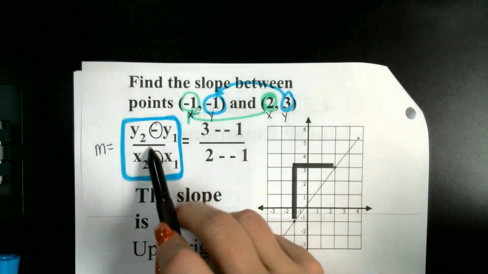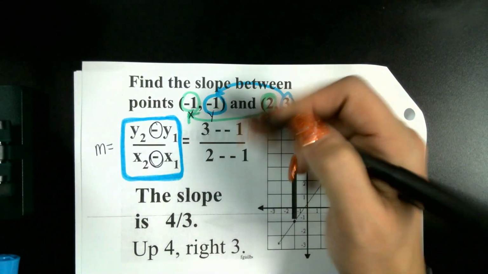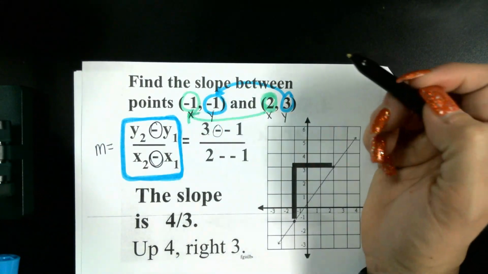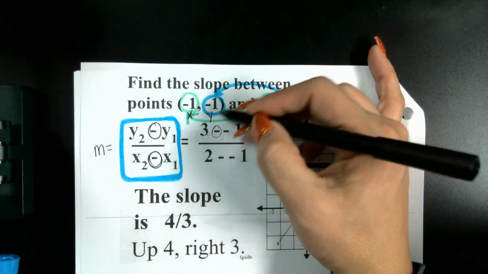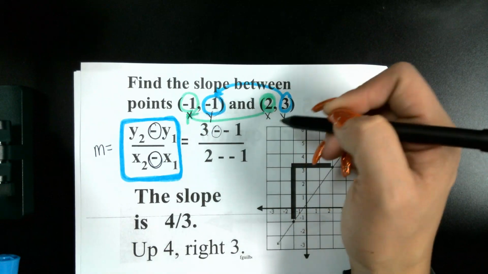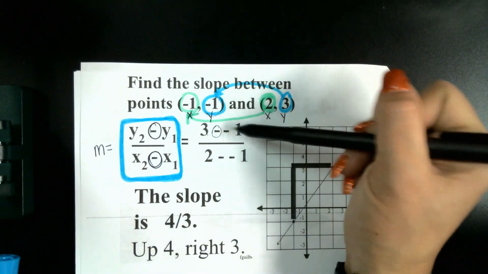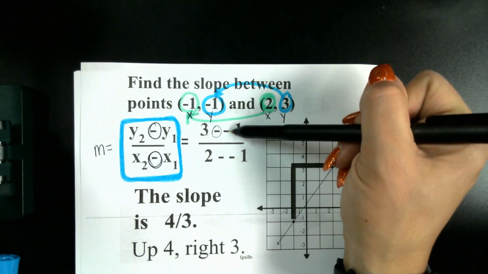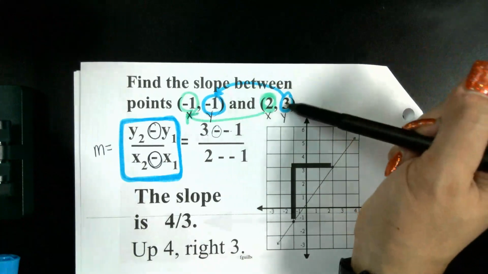So when they set this up, here's my second y value, so they put that first. They immediately put this minus sign because that's always there, and then they stuck in the first y value, which was -1. So sometimes you guys are going to have a minus sign and then a negative right next to it, because that subtraction sign is supposed to be there, and then you're just plugging in these numbers.